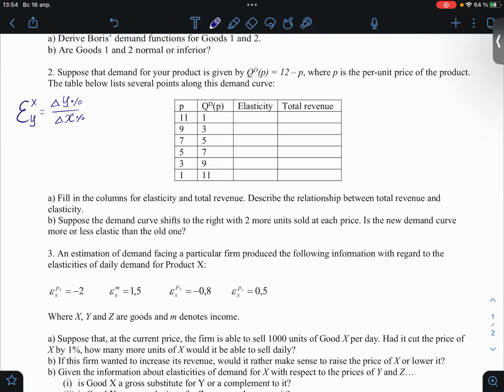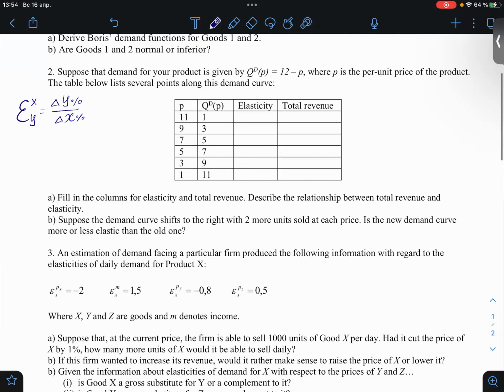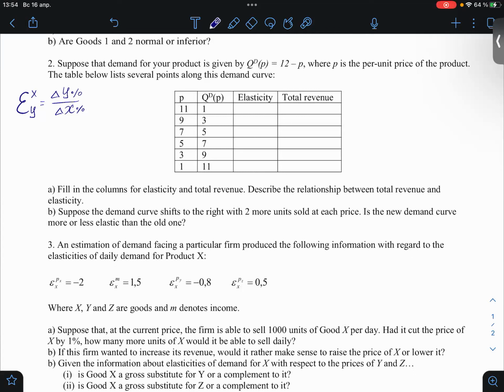So let's do number 2. We have the demand 12 minus P per unit price of the product, and we should count elasticity in each point and total revenue. First of all, we can count total revenue. It's easy. Revenue is price multiplied by the quantity, how much we want to buy.